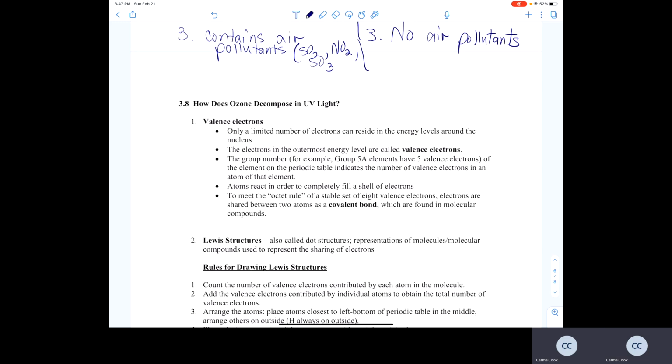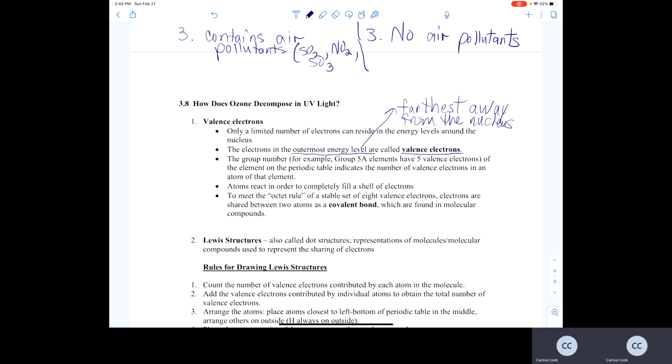So those electrons that are in the outermost energy levels, that means the farthest away from the nucleus, are called valence electrons, those that live farthest away from the nucleus.